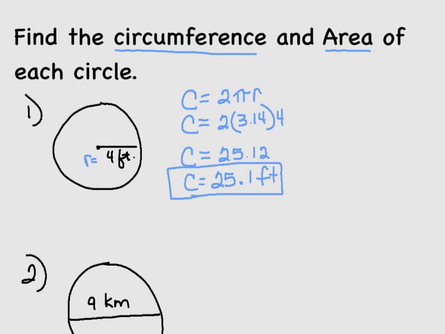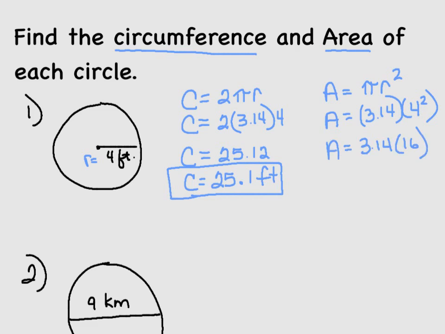Now to find the area, we write down the formula. Area equals pi r squared. And again, we'll substitute 3.14 times 4 squared. Now we must follow order of operations here. So we're first going to square the 4. So area equals 3.14 times 16.